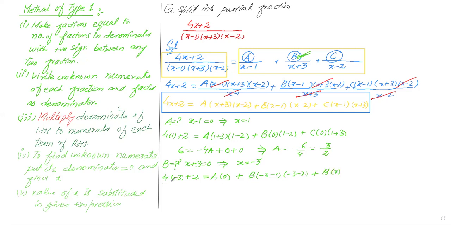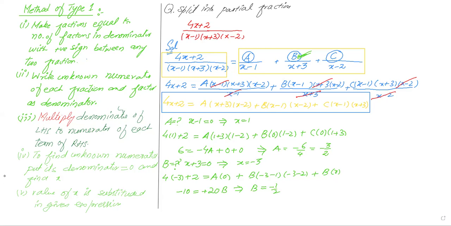After simplification, 4 times minus 3 becomes minus 12, plus 2 becomes minus 10. And these terms, minus 4 times minus 5, is 20. If I'm not wrong, that becomes plus 20B. Ultimately, I will get the answer of B is minus 1 by 2. Please check whether something is wrong over here, because these are oral calculations, mental calculations.